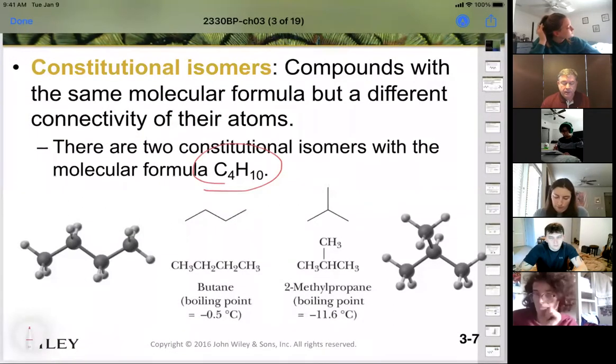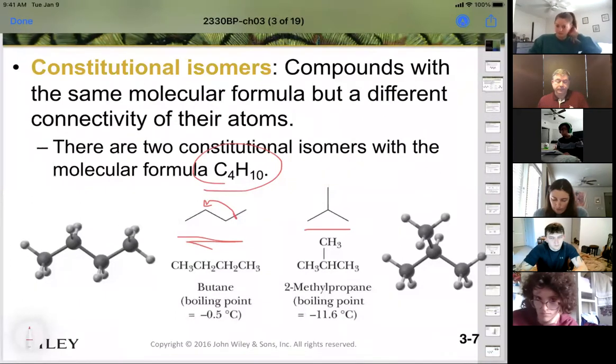C4H10 right here. So in our line drawing, we can draw it straight like this, or we can break this bond and move it over here to this middle area to give us this other isomer. Okay. So we have 2 isomers, exactly the same molecular weight, but how do we know they're different? Well, because they're hooked together differently, they have different physical properties.